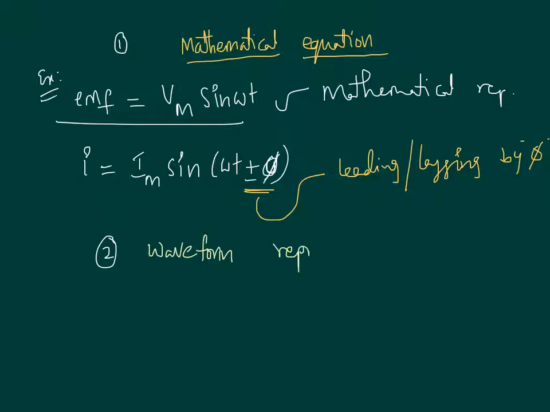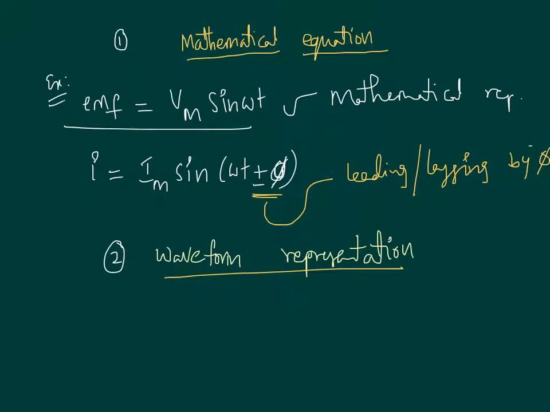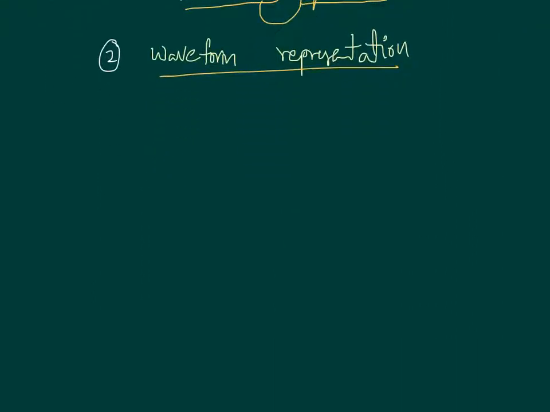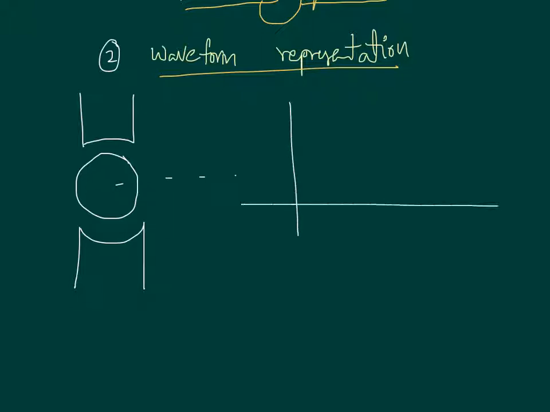Any alternating quantity represented by waveform representation, we already got it, by rotating a conductor in between two poles, which I already explained in the previous lecture with the help of a diagram.